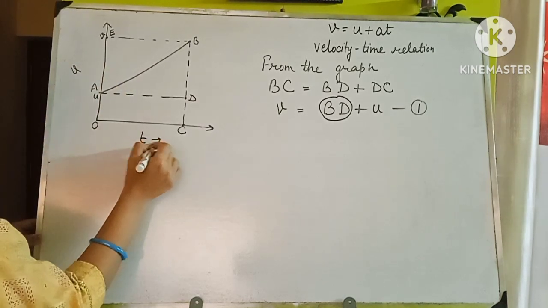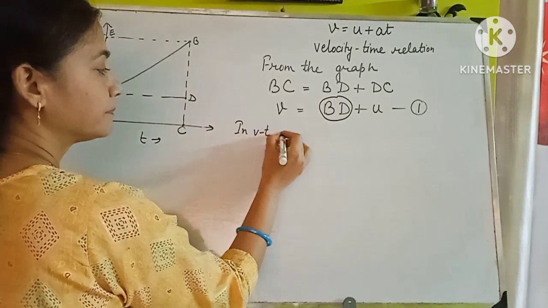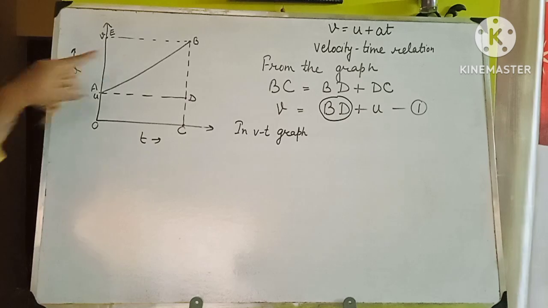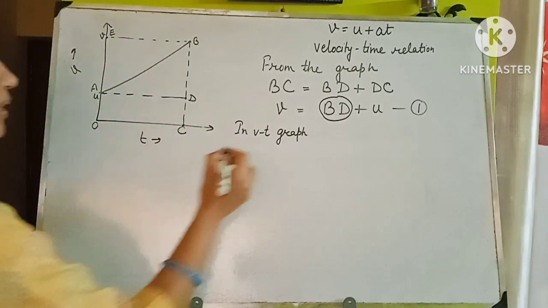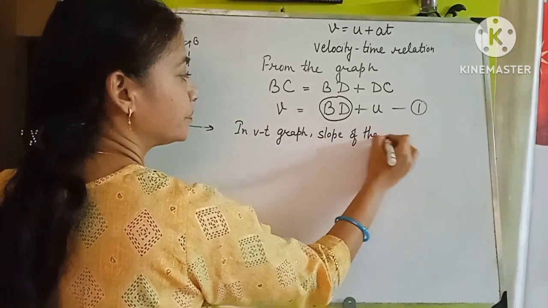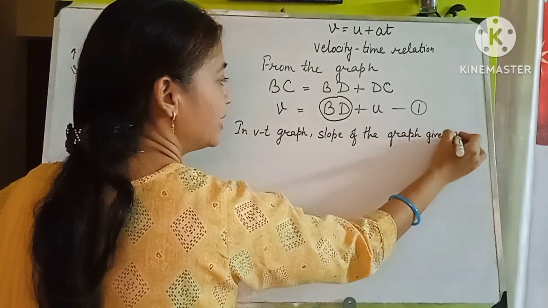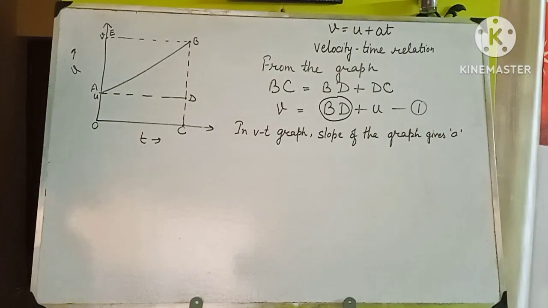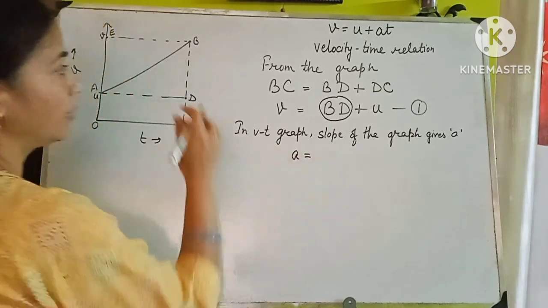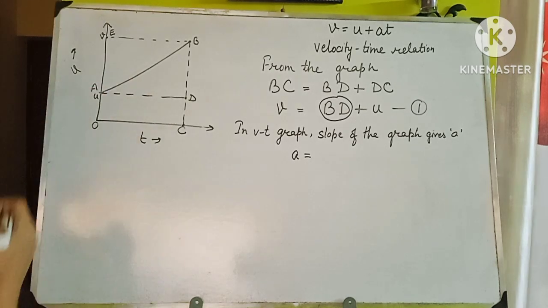In a VT graph, the slope of the graph gives acceleration. The slope formula is vertical distance divided by horizontal distance, or tan theta, which is opposite side by adjacent side.